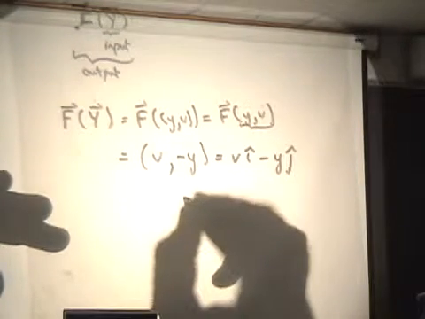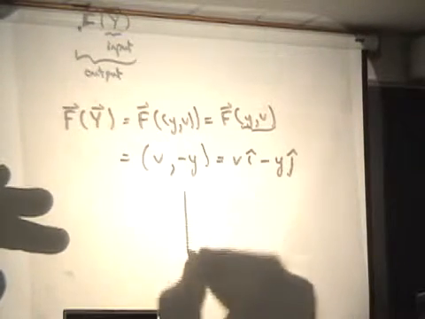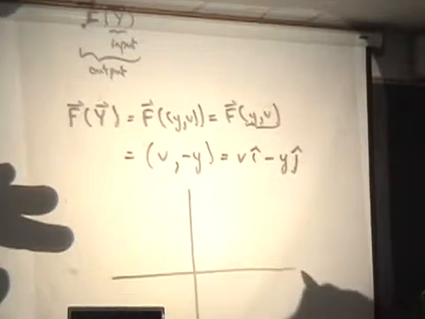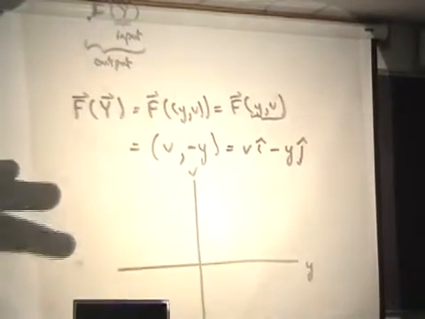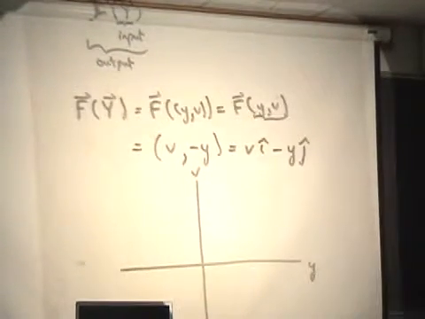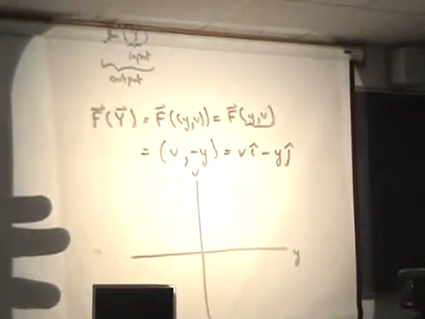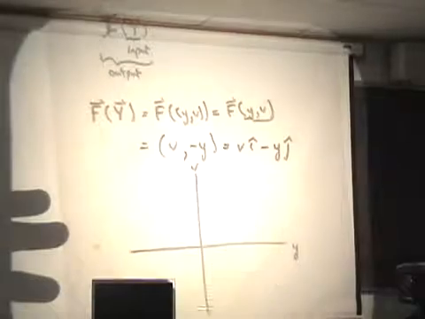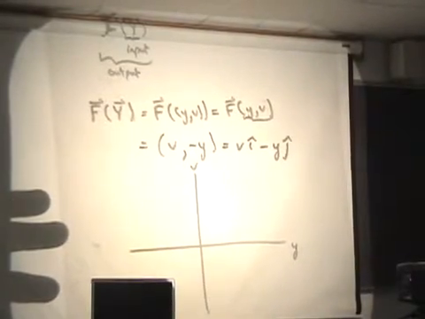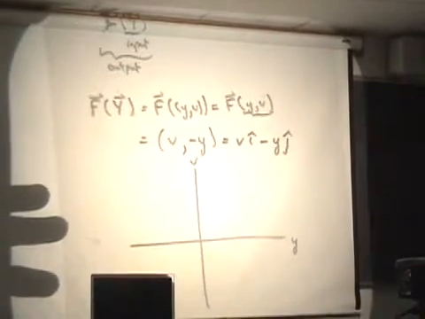I want to graph this vector field in a yv plane. What you do is you pick a bunch of points, pick a grid of points, and think of those points as your input, and then draw arrows based at those points with these components as your output.